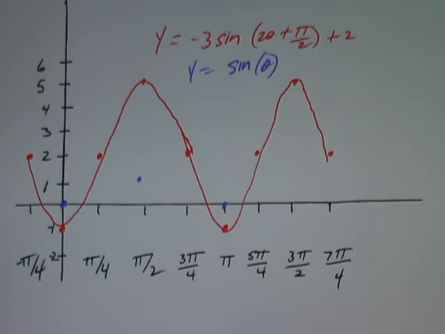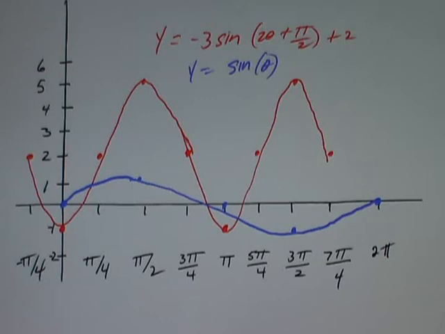At 3/2 pi, sine is -1. And I guess I have to go 8 pi over 4, or 2 pi, and that will get me to the end of the period for the regular sine function. So this is the regular sine function if I were to graph it. Its period is 2 pi.